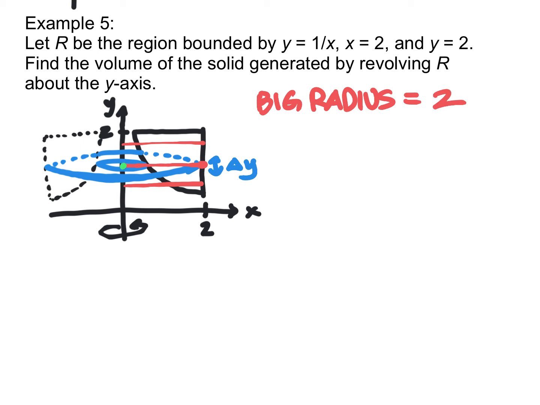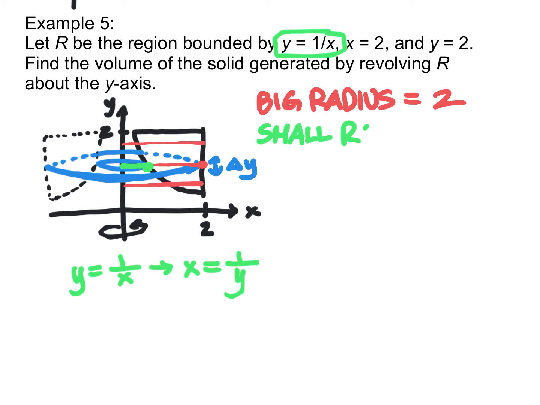The little radius goes from the y-axis to this curve right here, which is y equals 1 over x. But everything is in terms of y, so you have to turn y equals 1 over x into x equals 1 over y. So the small radius is 1 over y.